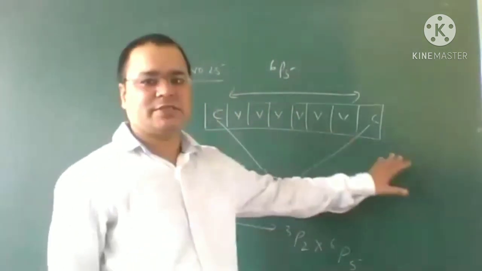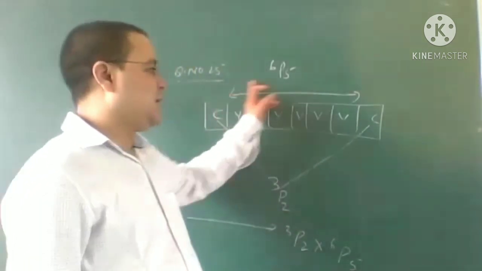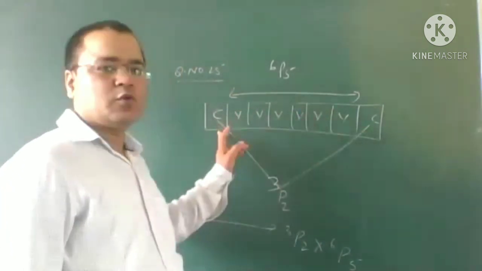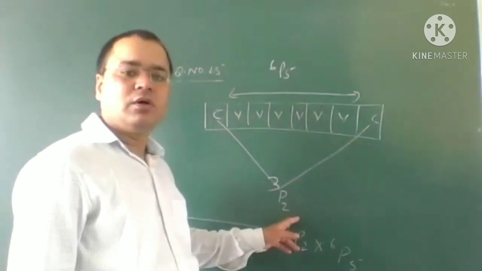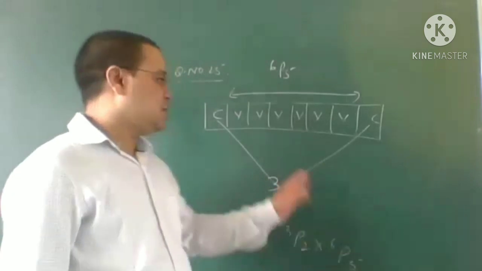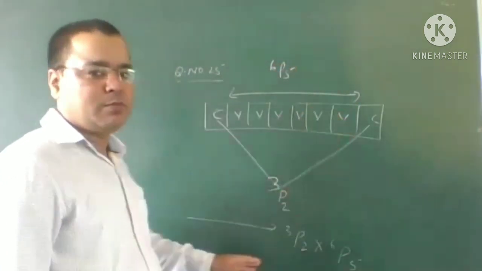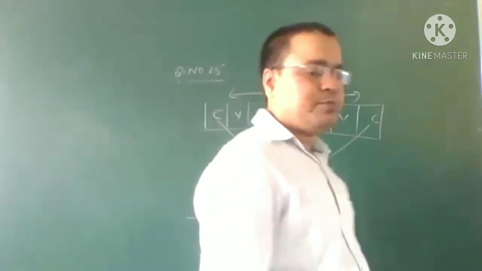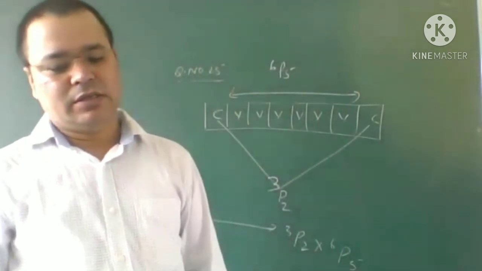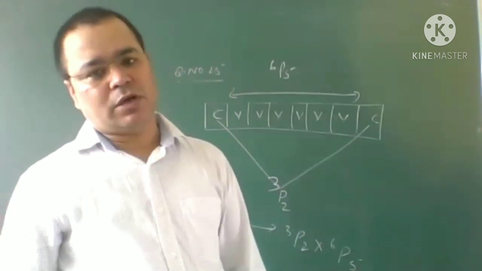There are 8 letters, and 3 are consonants, out of which we want to place 2, so the choices will be 3P2. Now there are 6 places and we have 5 vowels, so the number of choices will be 6P5. Therefore, total number of choices will be 3P2 into 6P5. If you multiply, you get the answer 4301.